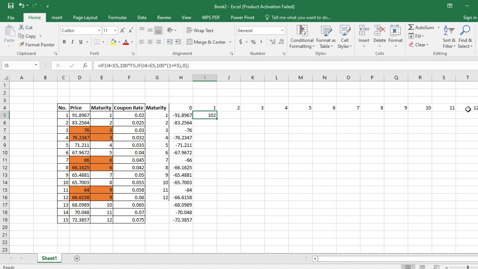Right, so that's okay. Double check, it's okay. So the first bond with 1 year to maturity will pay out a cash of 102.